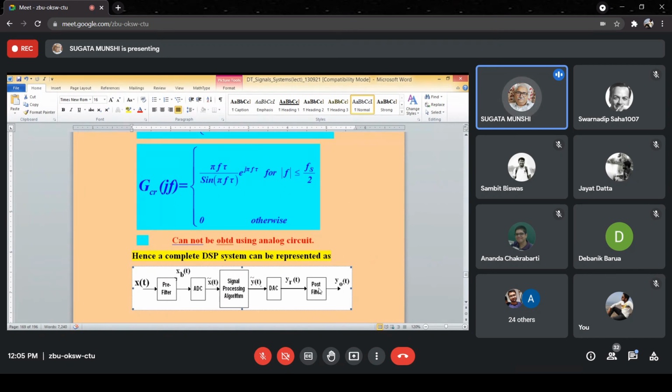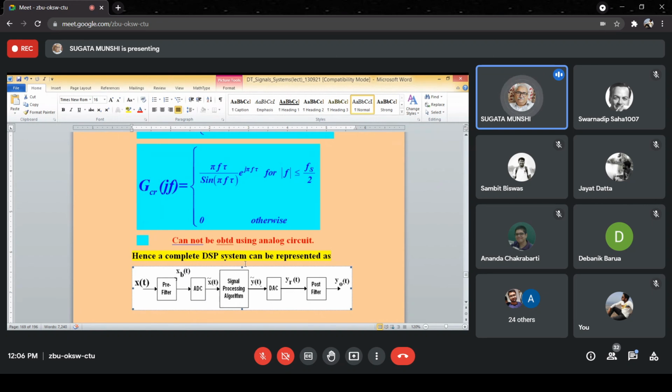Post filter means the simple analog filter with cutoff frequency fs by 2. We were there under a hypothetical situation that a certain analog signal was digitized. Then it was again converted back right after digitization to an analog signal to illustrate the errors introduced by a DAC and its remedy.